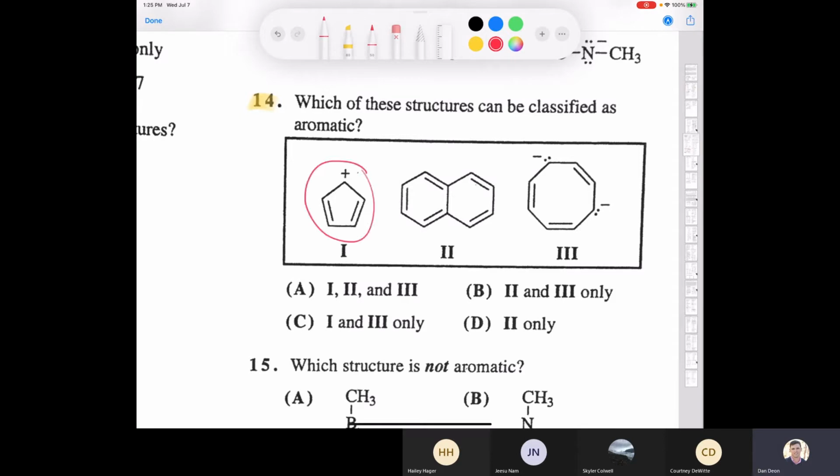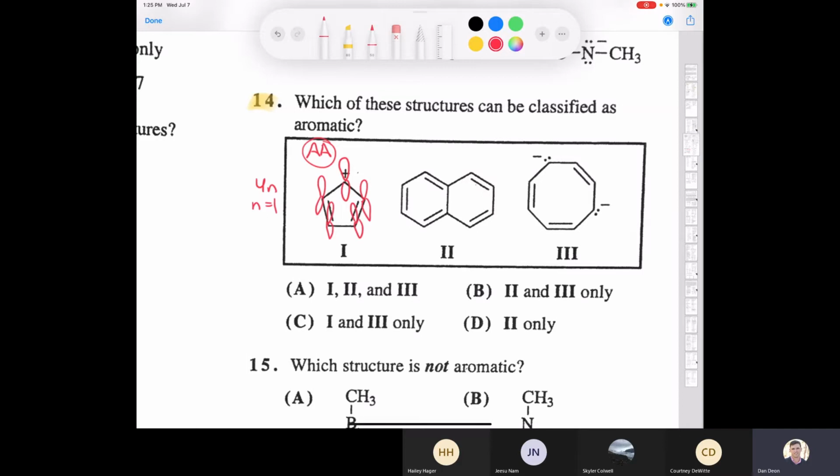This is the cyclopentyl cation, which is anti-aromatic, because you have a 4n number of pi electrons where n is equal to 1. So we have a total of 4 pi electrons, because we have a p orbital here, because that carbon is sp2 hybridized. We have another p orbital here, here, here, and here. And so that's going to be an anti-aromatic compound.